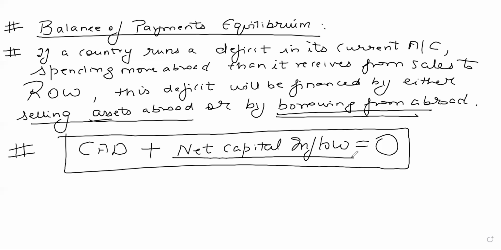So the current account deficit will exactly be balanced by the net capital inflow, making the sum of these terms equal to 0. So we will say that the economy will achieve a balance of payments equilibrium. Hoping that students have understood this and have no doubt.